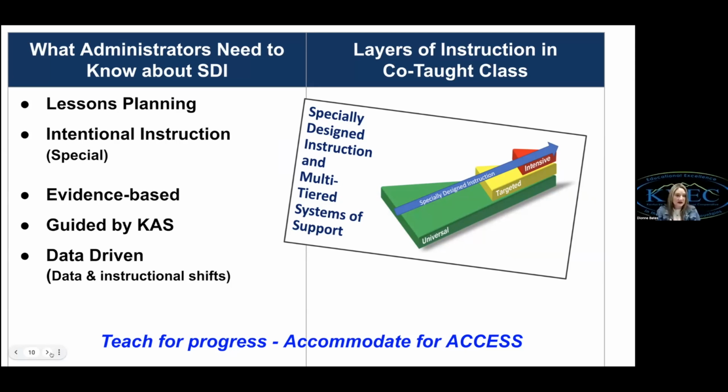They're going to be looking at what kind of intentional instruction is happening. So if that's in your resource room, what do your lesson plans look like? How are you planning for specially designed instruction? How are you being very intentional about what that student needs? Are you using evidence-based strategies? And is the work guided by the Kentucky academic standards? And so I'll give you an example.